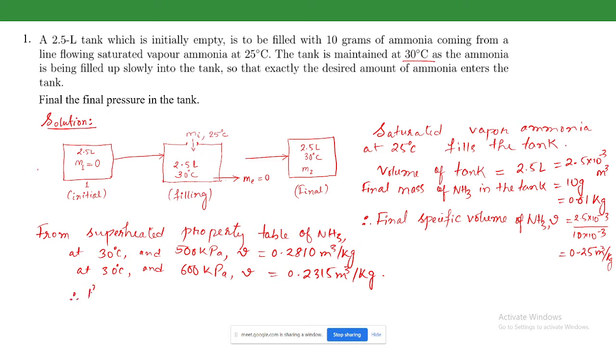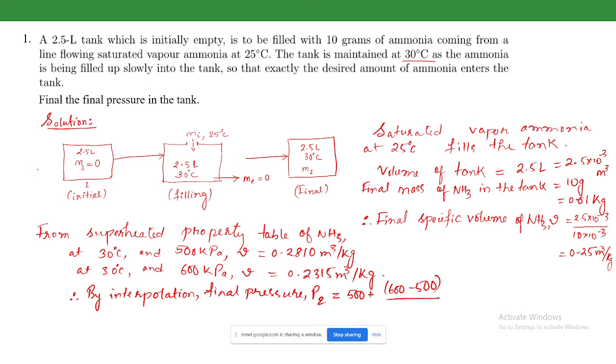Therefore, by interpolation, the final pressure P2 is equal to 500 plus (600 minus 500) times (0.25 minus 0.2810) divided by (0.2315 minus 0.2810).